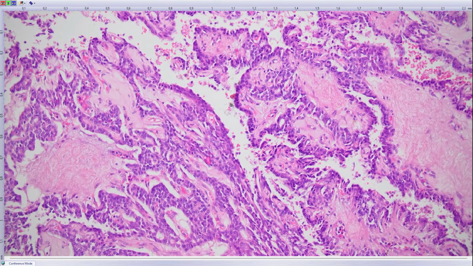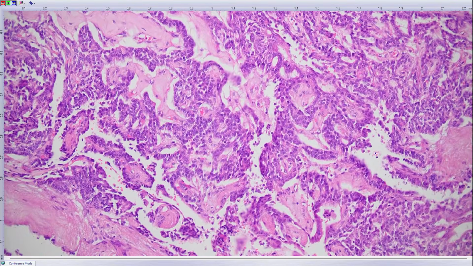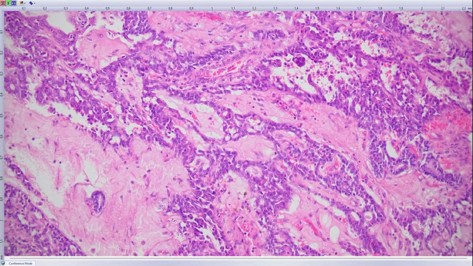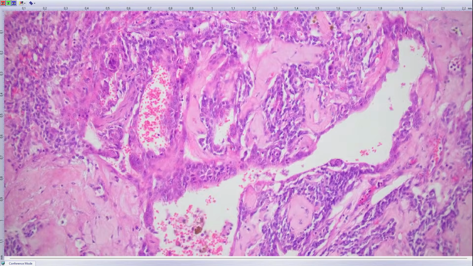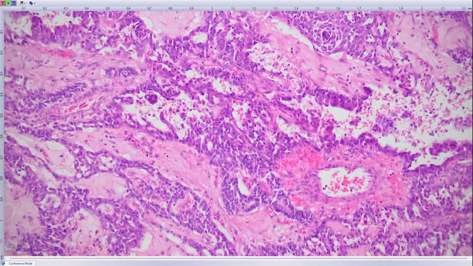And their cytology is something between papillary carcinoma and follicular lesion. You see, this confluency is not seen in papillary carcinoma. Still, it's different from a follicular lesion.